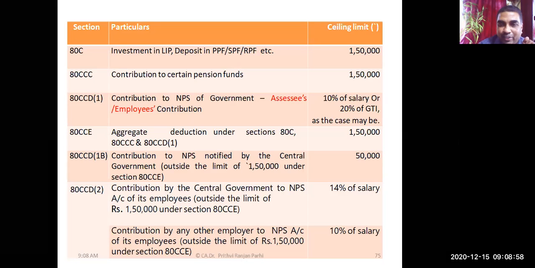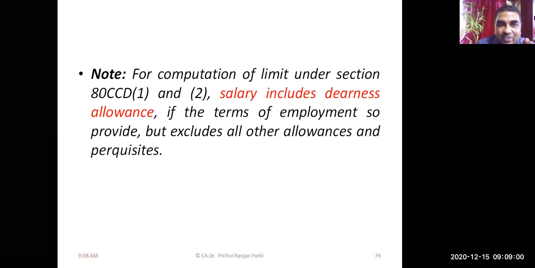Now read this note. Can you read this out? Salary includes DA, but it excludes other allowances or perquisites.